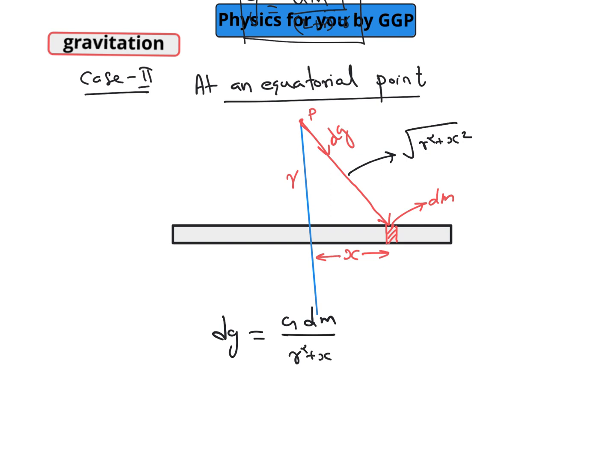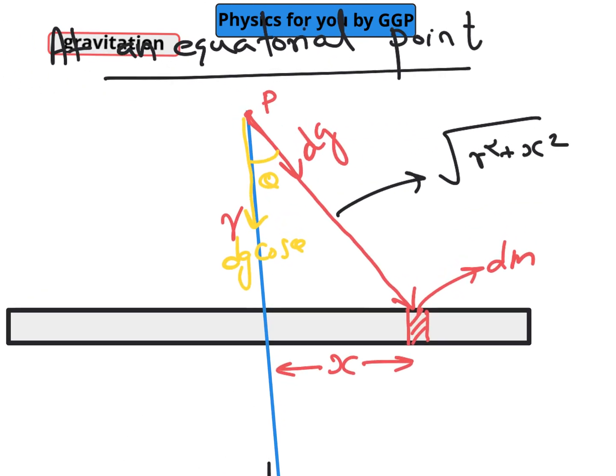Let's say this is making some angle theta with respect to the vertical. If this angle is theta, we can resolve this dg into two components. One is along this direction, which is dg cos theta, and another component along this direction, which is dg sin theta.